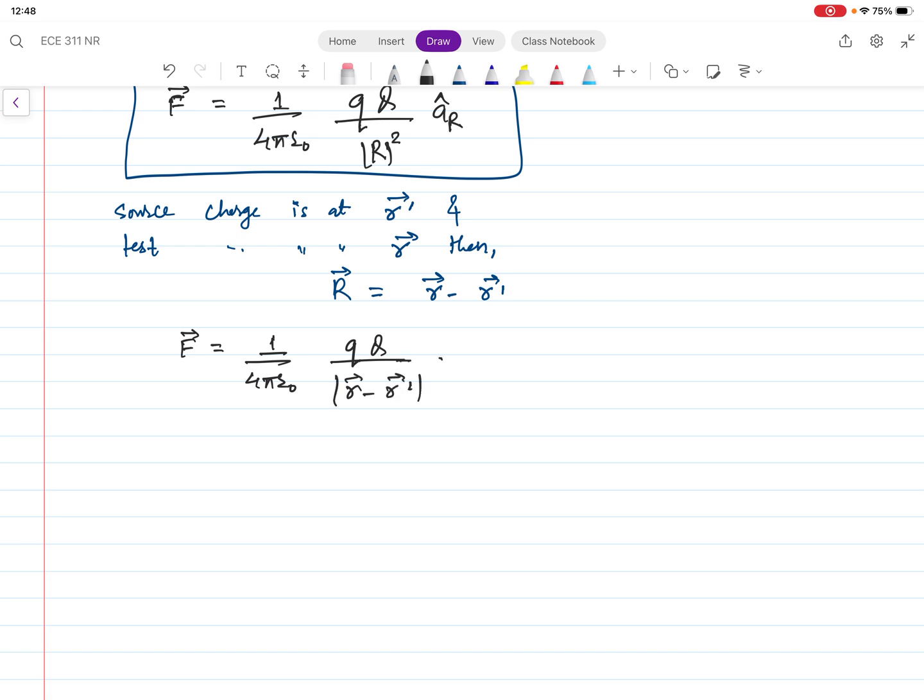I'll also write this a_R hat in terms of its vector constituents, which is r minus r prime divided by the magnitude of r minus r prime. That is the definition of a unit vector. Okay, so this is the force between two charges, small q and capital Q.